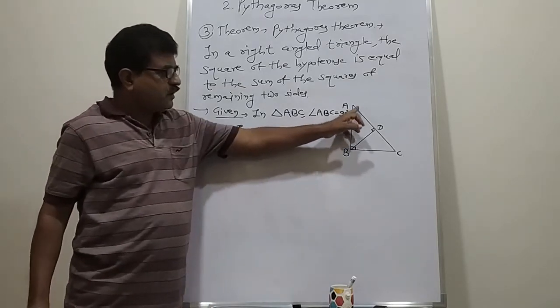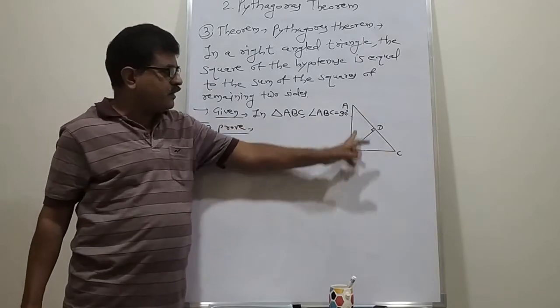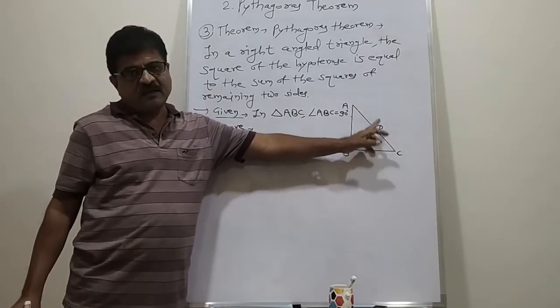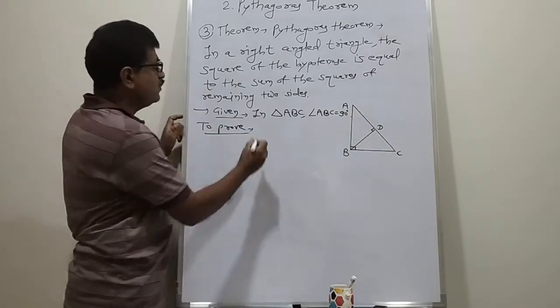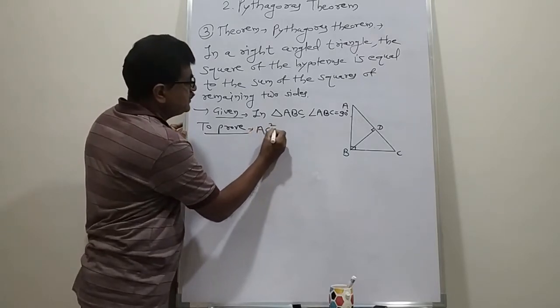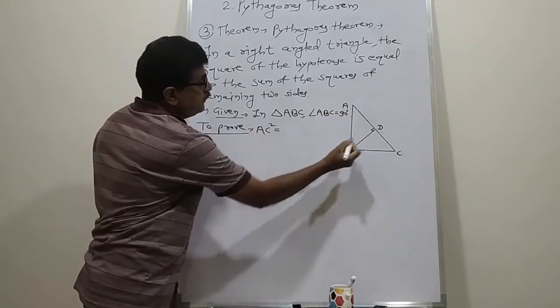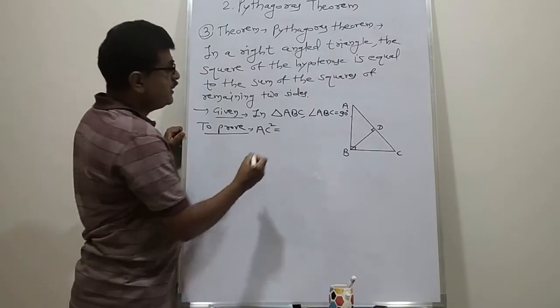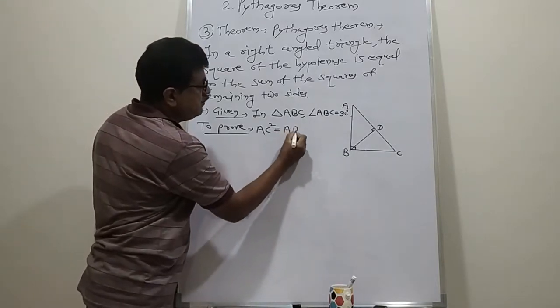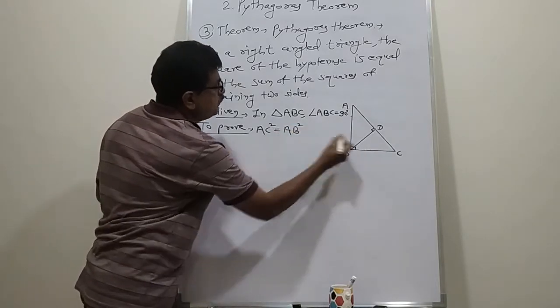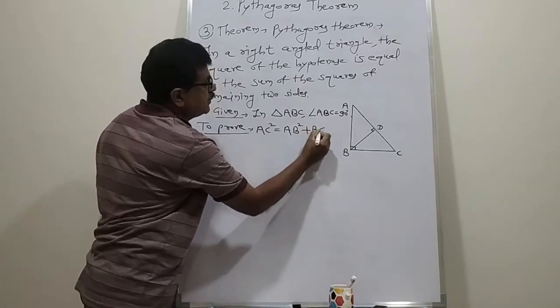We have to prove AC square is equal to AB square plus BC square. That is, hypotenuse square AC square is equal to the sum of squares of the remaining two sides, that is AB square plus BC square. This is to prove.